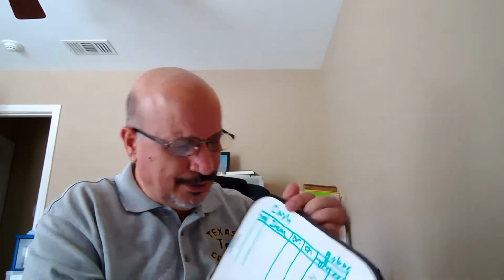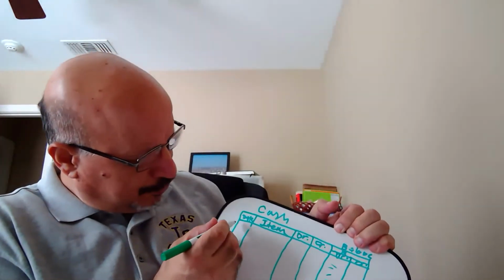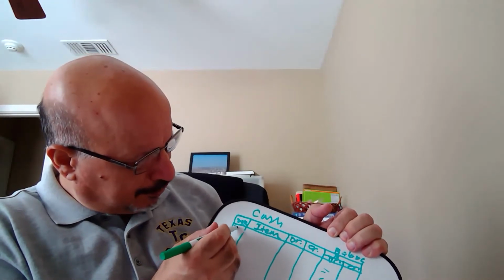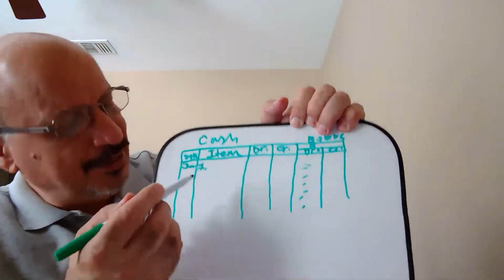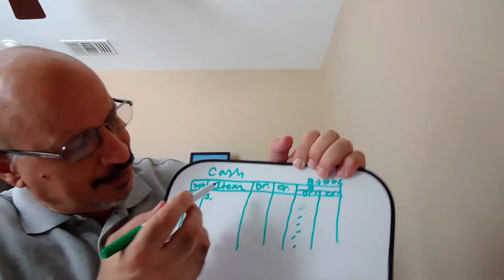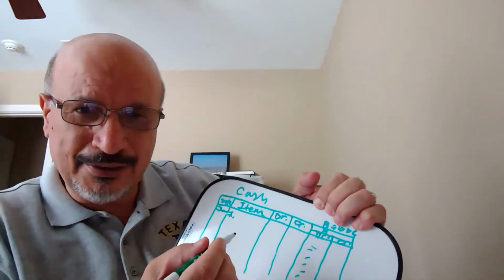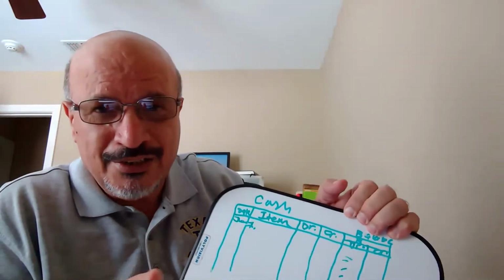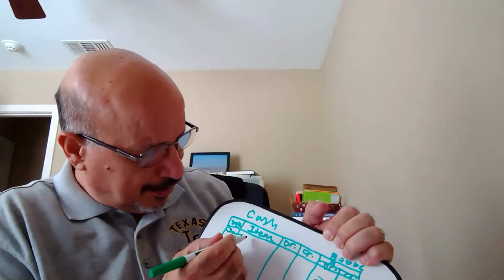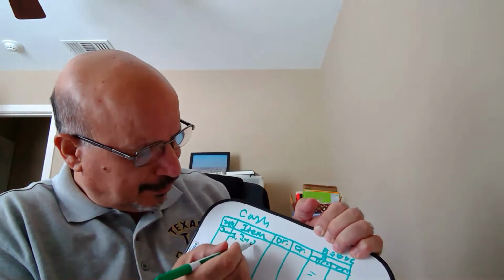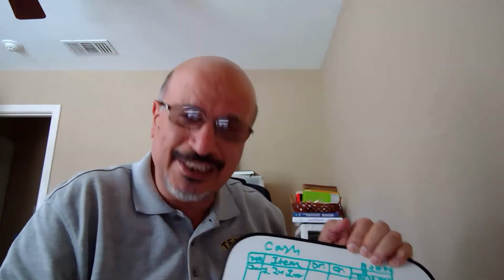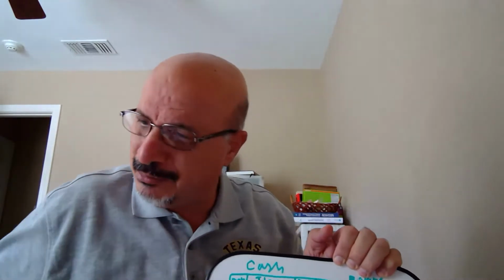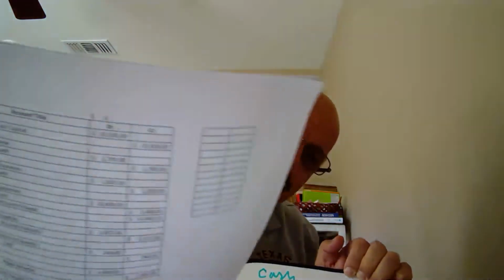I'm going to write down here the date, June 1st. That is the initial investment, or you could say start of the business. Now, was it debit or credit, the cash? Remember the first one? We said the cash is debit.